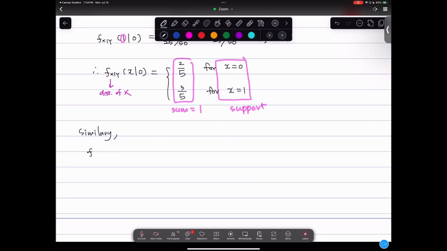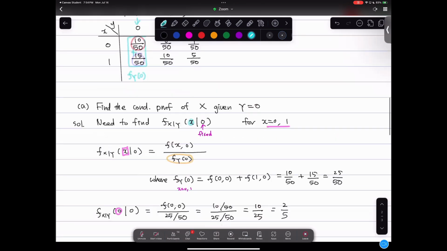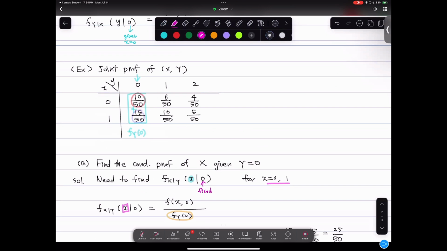I want x given y, x given 1. So my y values are fixed. So when y equals to 1, I want to go back up to my entire table. Here we go. When the y value is fixed at 1, here's my y value of 1.